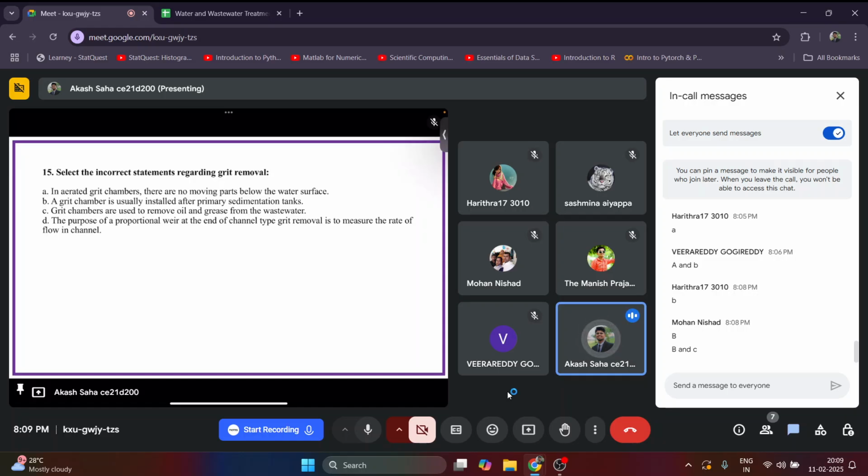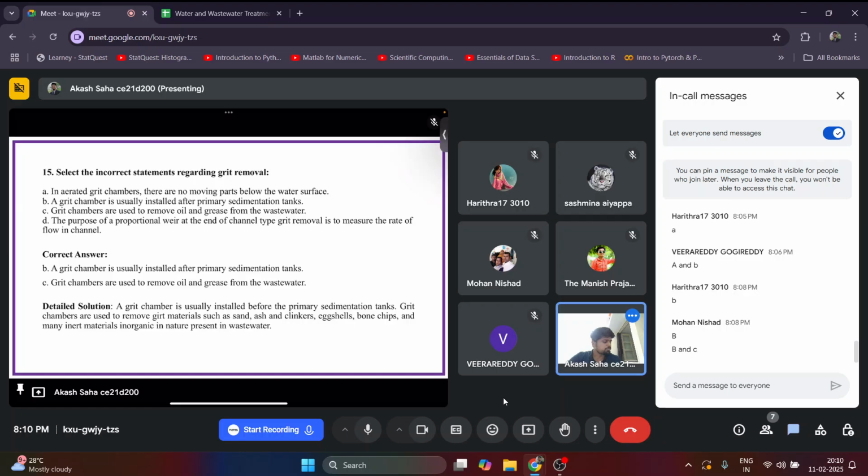So C is also incorrect because grid chambers are not designed to remove oil and grease. They are designed to remove the suspended inorganic particles, relatively bigger size inorganic particles. Whereas oil and grease are removed by using the skimming tanks. So that's why option C is also incorrect. So the same thing is written here.